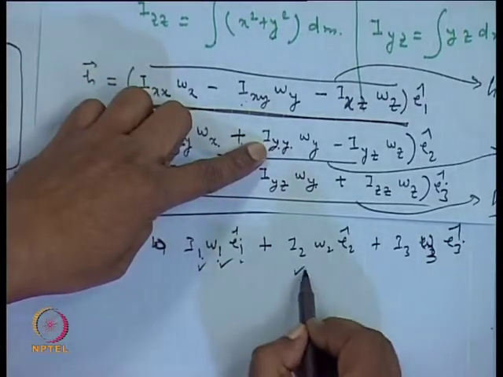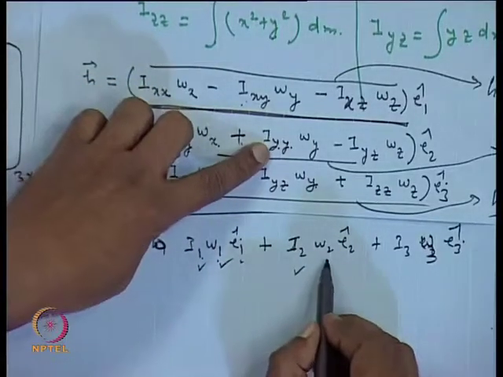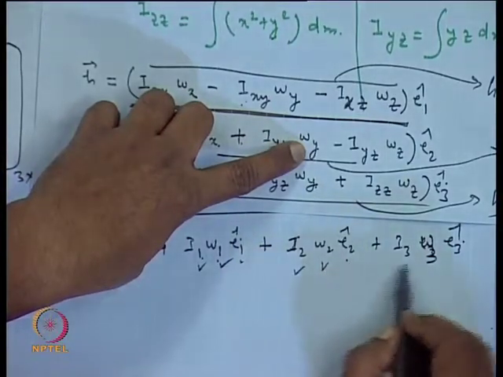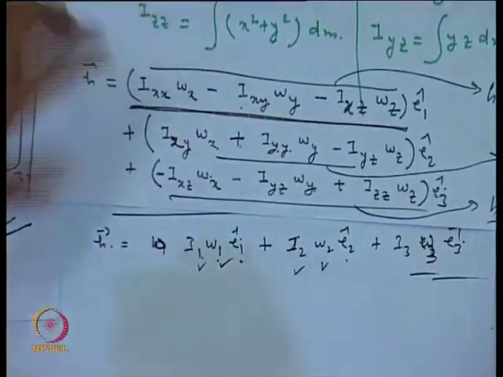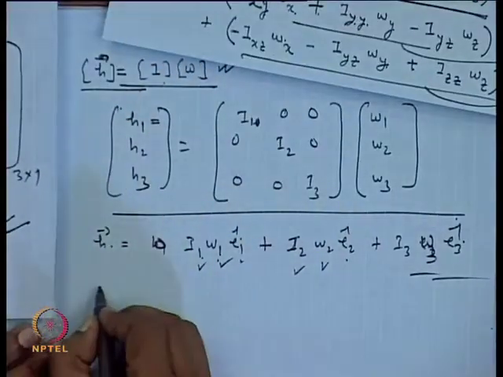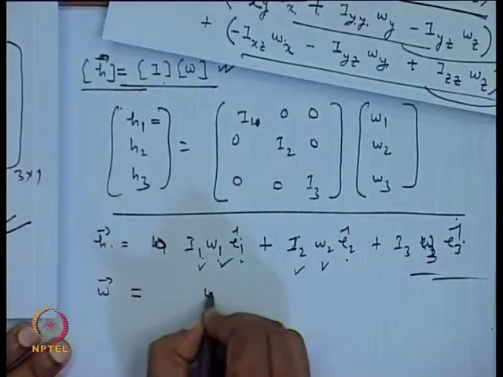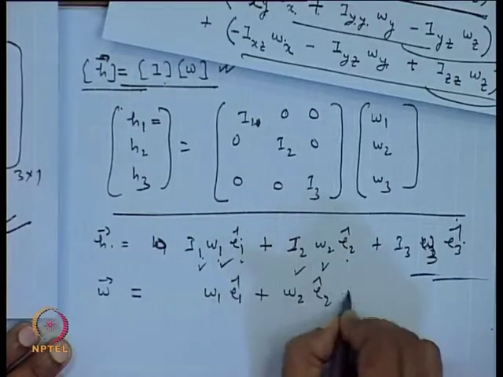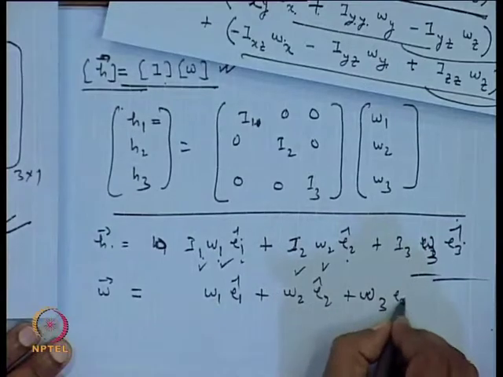So, this we have written as I 2 times omega 2 E 2. While this is the angular momentum vector, the omega vector we always write in this format, omega 3 E 3 cap.